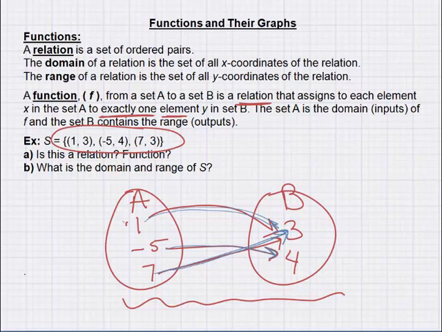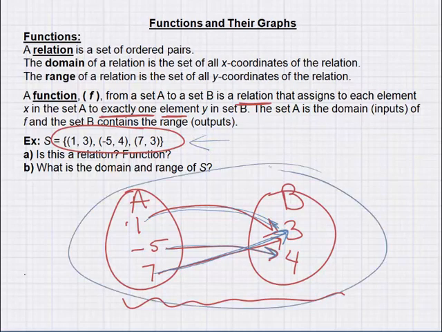Yes, this is a function. I think when you see the ordered pairs, it's easier to draw this mapping picture and then see if you have a function by asking, does it follow the definition? Does each element in set A get matched to exactly one element in set B? And that's the key, exactly one element.